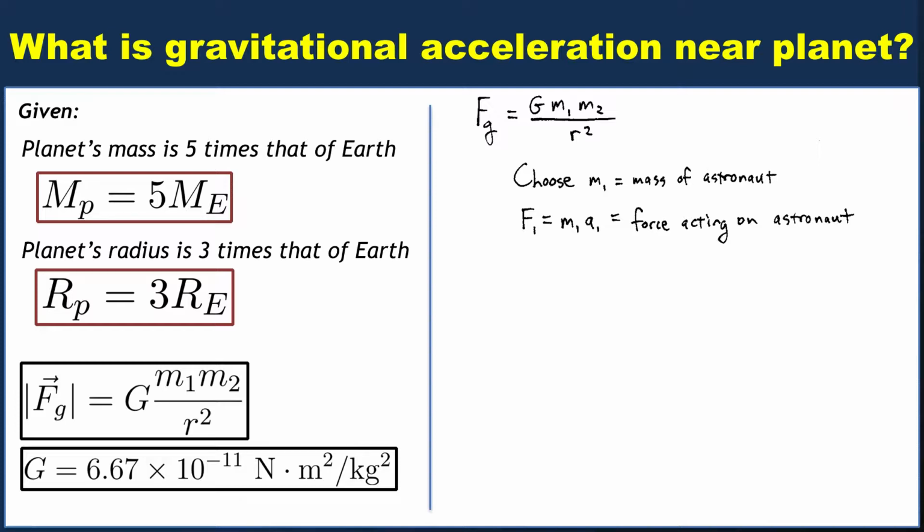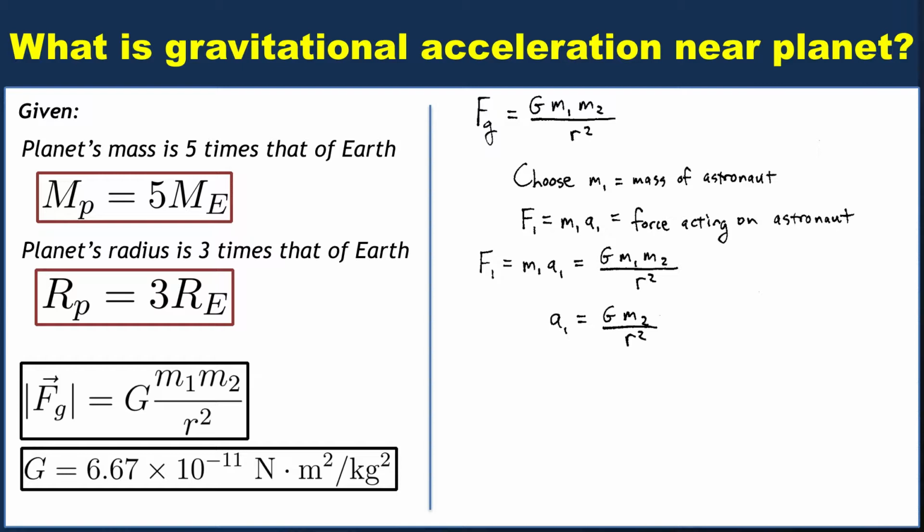Well, if that's true, m1 a1 must be equal to G m1 m2 divided by r squared. So we can cancel out the m1s. The mass of the astronaut doesn't matter, and of course that's true on Earth. Remember, objects accelerate at the same rate near Earth regardless of their mass. That's true on another planet too.